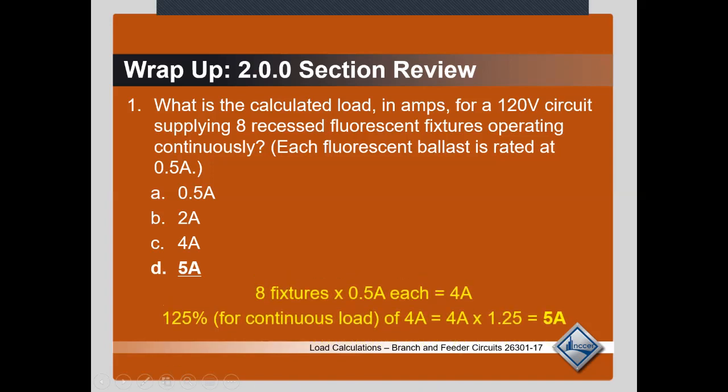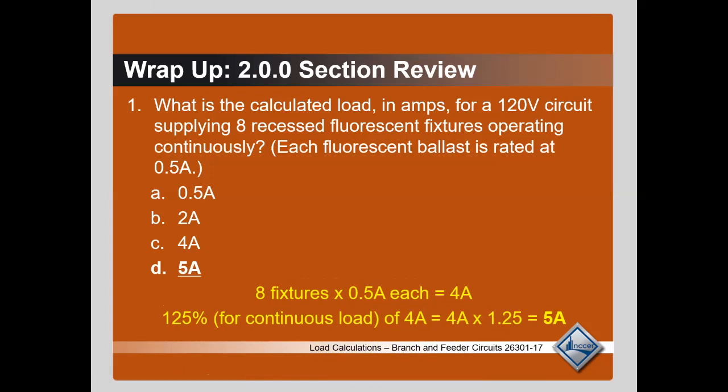We have 8 fixtures at 0.5, that gives us 4 amps. 125 percent, which is continuous load, of 4 amps equals 5 amps. It's basic math. It just told us we have 8 lights that draw 0.5 amps. So 0.5 times 8 equals 4. 4 times 125% equals 5.